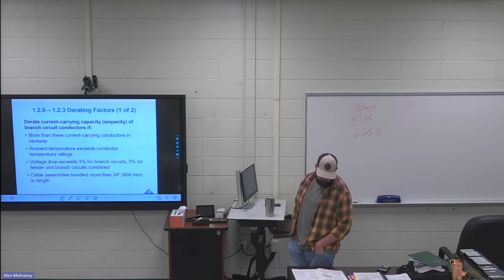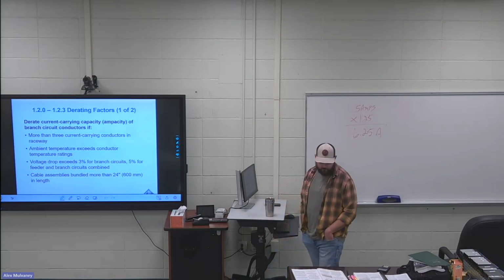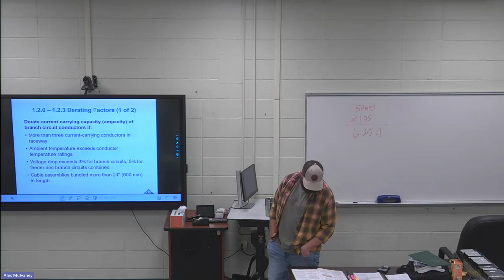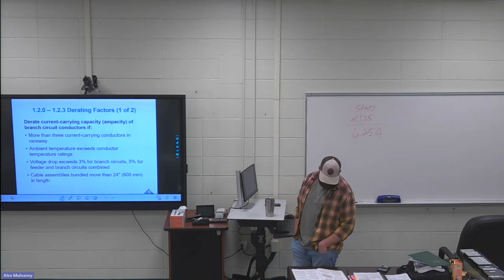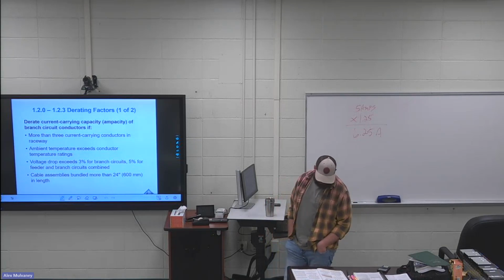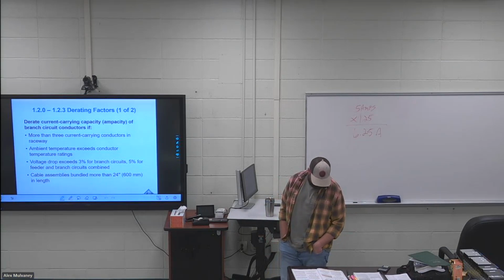And outlet 3 is 100 feet at 20 amps, which is 2,000. You add all those together, 1,800 plus 2,400 plus 2,000 gets you 6,200. And then you divide by the sum of the loads. So 6,200 divided by 30 plus 30 plus 20, which is 80. And then you get 77.5 for the load center.